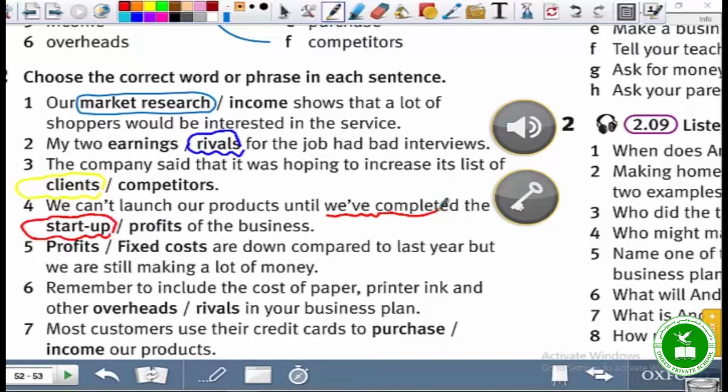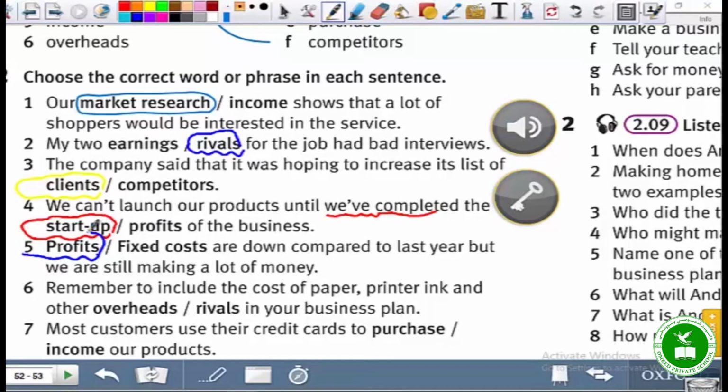Next one, number 5. Profits or fixed costs are down compared to last year, but we are still making a lot of money. Which one is correct? Yes, profits is the best answer. Profits are down.